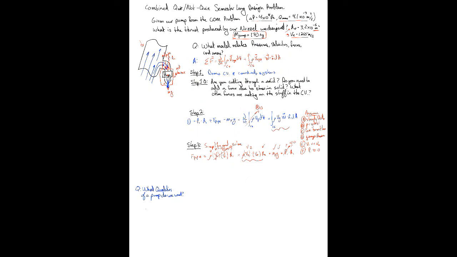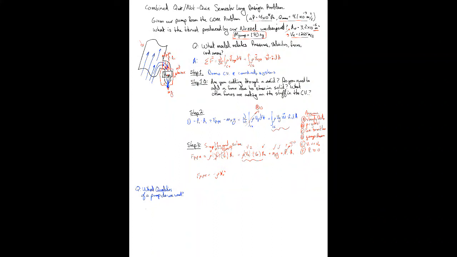So in this case, we can now solve for F pipe, which is equal to negative rho A_E squared, V_E squared times A_E, plus M pump times g.